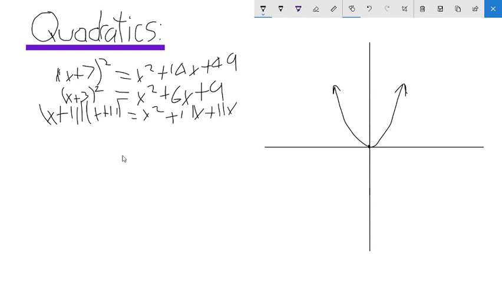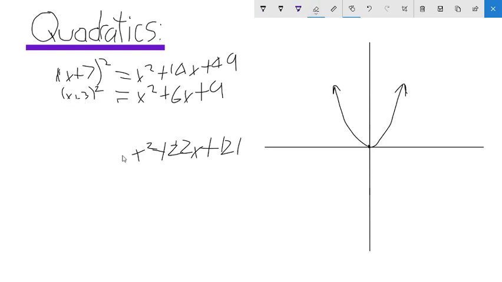Then we're going to have 11 times 11, which is 121. And then if we simplify that, we have x squared plus 22x plus 121, if I'm correct. So let's go ahead and write that in as well.